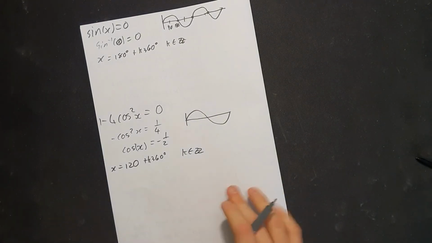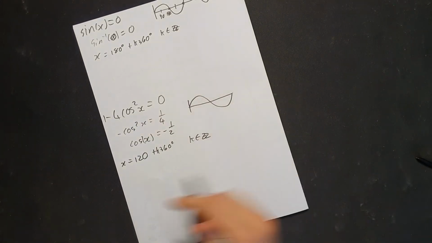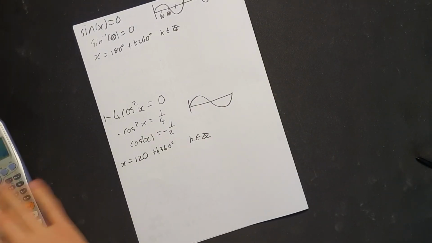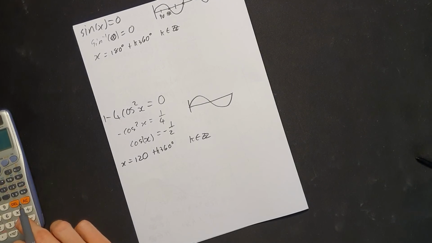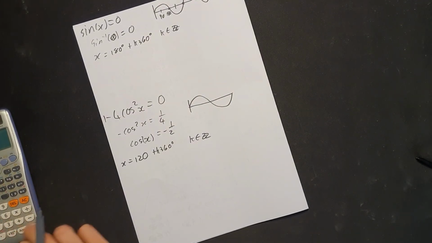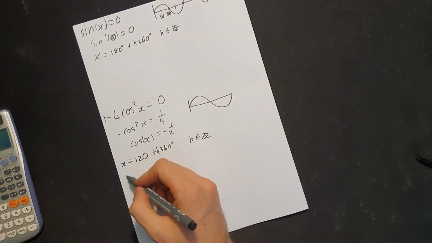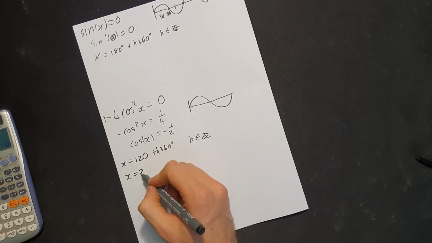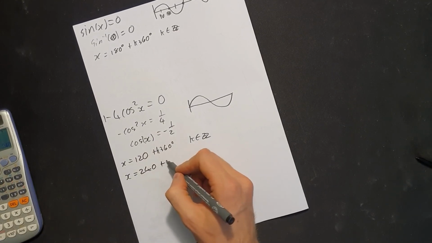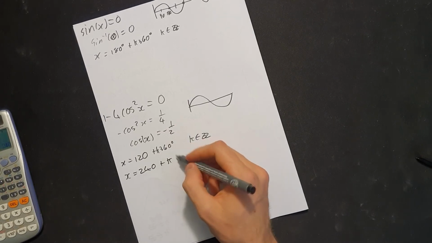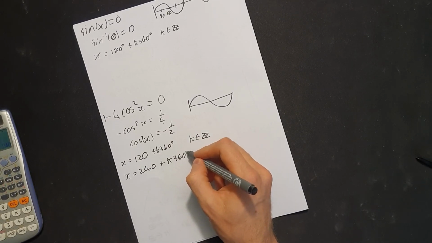Okay, so the other one is then, if you had to say 360 minus 120, you're then going to get 240. So therefore the other one is x equals 240 plus k times 360. Why?